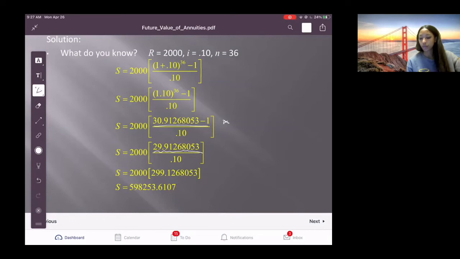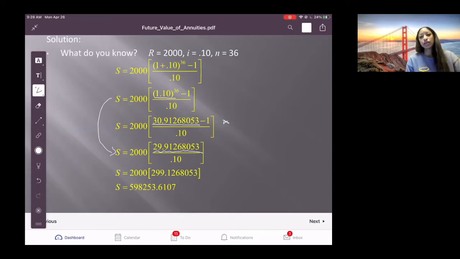At this step, the 1 hasn't been subtracted. So this 30.912688053, that's just 1.10 to the 36th power. Okay. It sounds like you just went from this step to this step. Oh, sorry. This step to this step, which is perfectly fine.